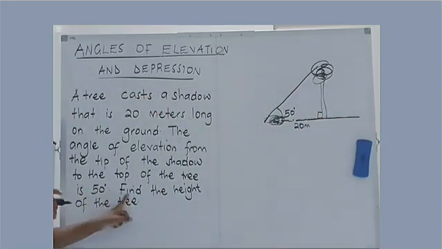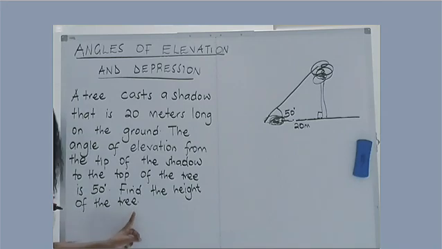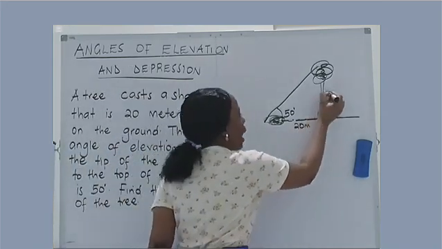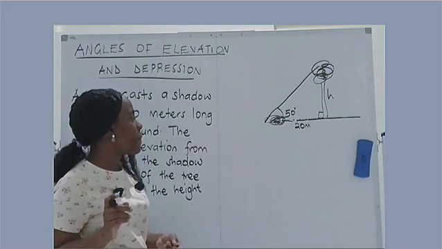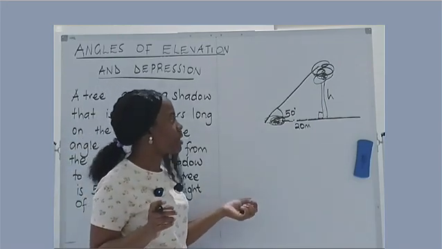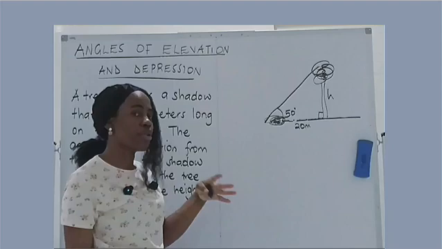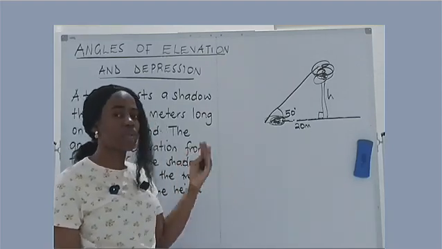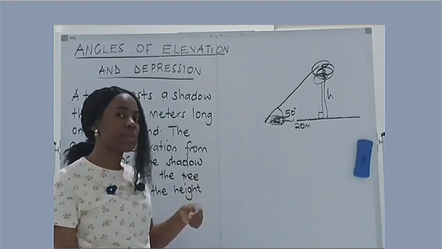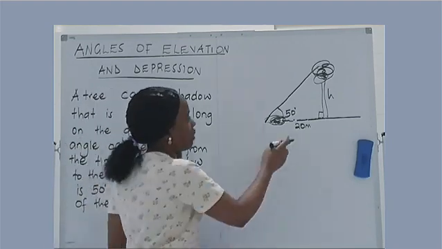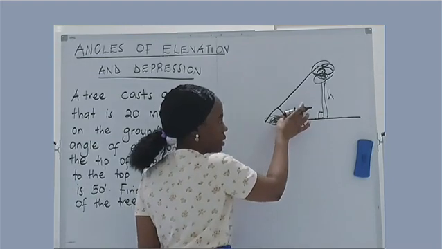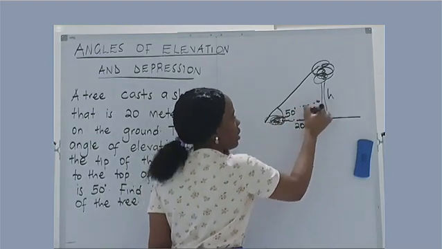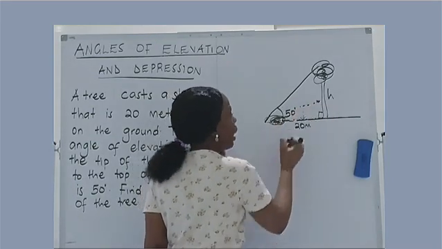Now, how do we get the height of the tree? We need the height of the tree. Now, in my previous videos, we have the introduction of trigonometry, the special angles, the use of SOHCAHTOA, sine, cos, and tan. Now here, if I have my angle seated here, this is going to be the opposite and this is going to be the adjacent.